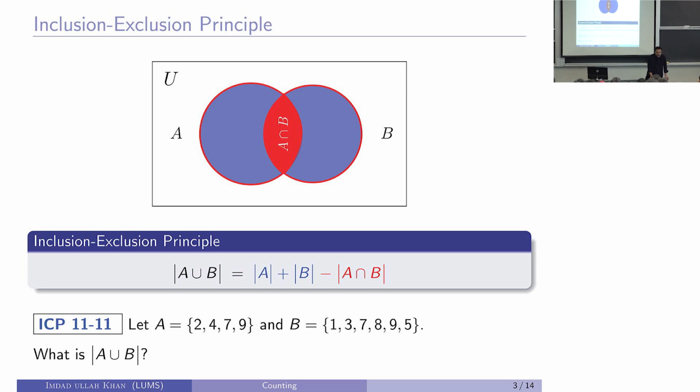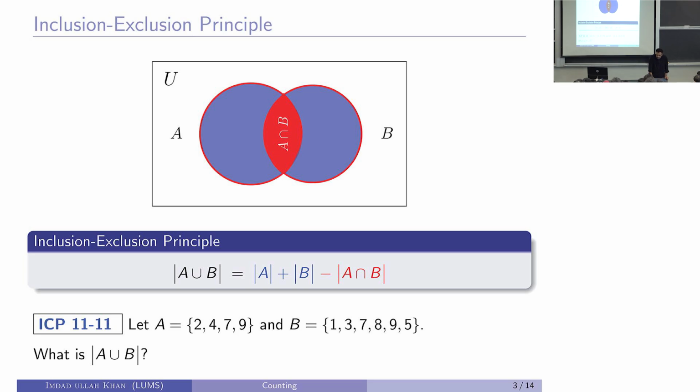Yes? 7 and 9. So if I take the union, it will be 2, 4, 7, 9, 1, 3, 8, 5. Okay? So there will be 4 plus 6 minus 2. There are a total of 8 distinct elements. Okay? So the size of A union B will be 4 plus 6 minus 2.